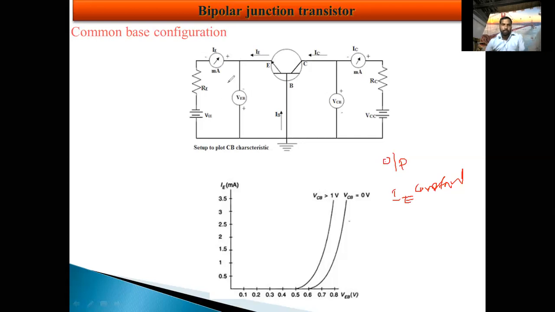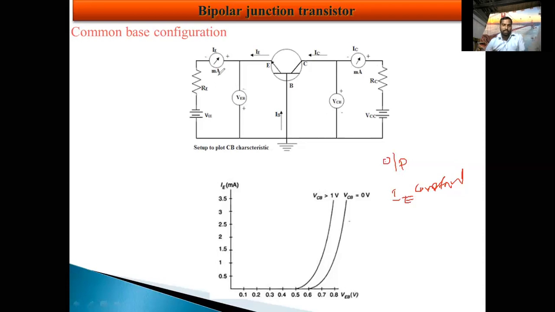Now to keep IE constant, we have to change the VBE value automatically. The IE value is kept constant and the VCB value is varied, and the corresponding IC value is noted, and these values are taken for different IE values.